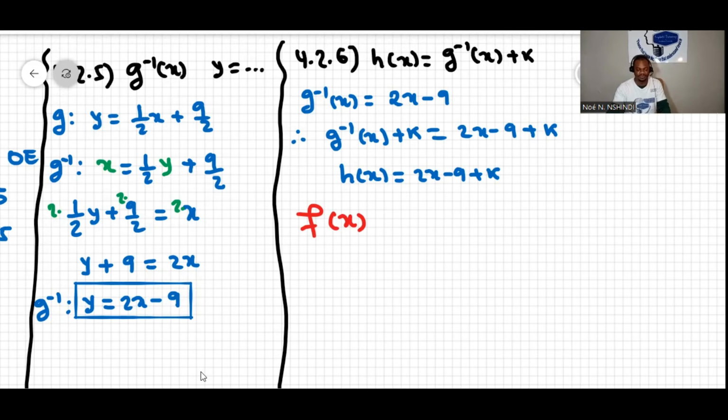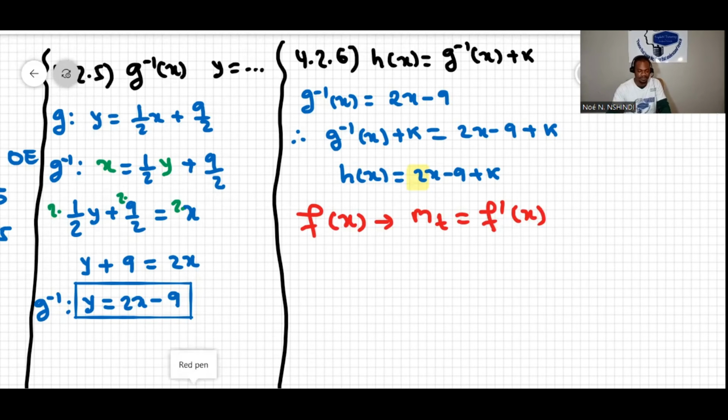Let me write what I'm saying. If I have a function f of x, the gradient of the tangent line is equal to the derivative of the function. So we know that the gradient of the tangent line will be equal to the derivative of this function here. Here, the gradient of the tangent line is 2. Now, we must prove that the 2 is equal to the derivative of f.